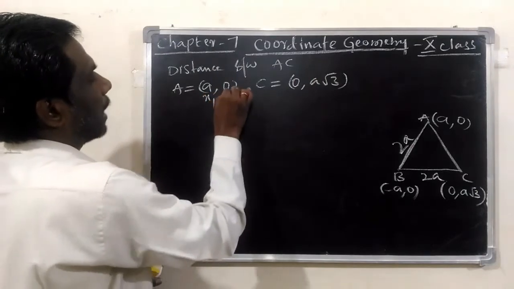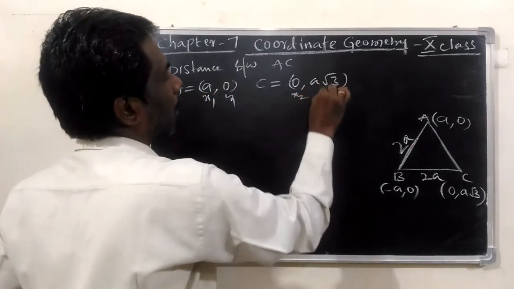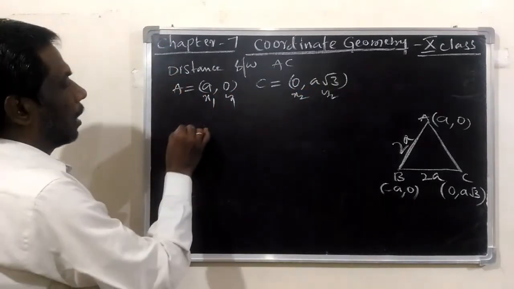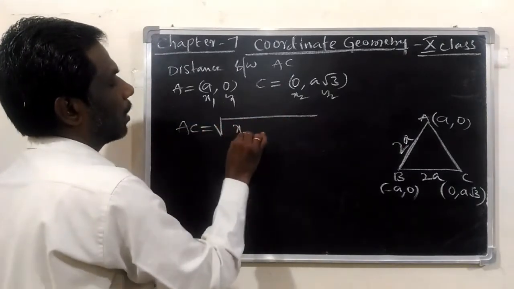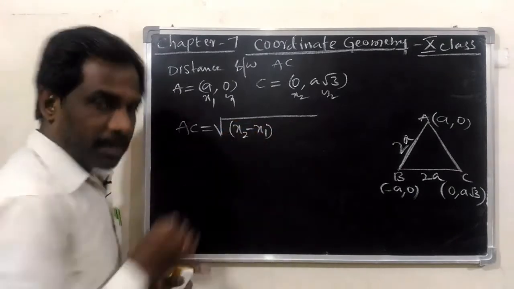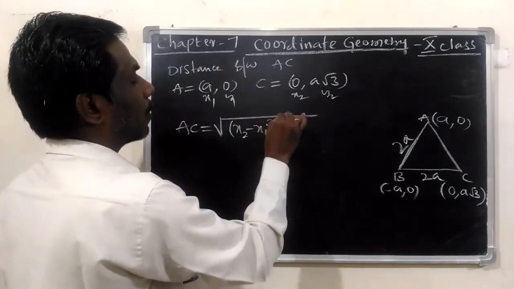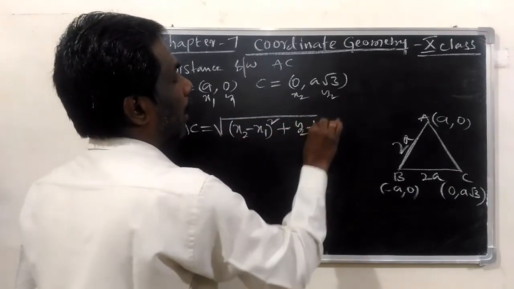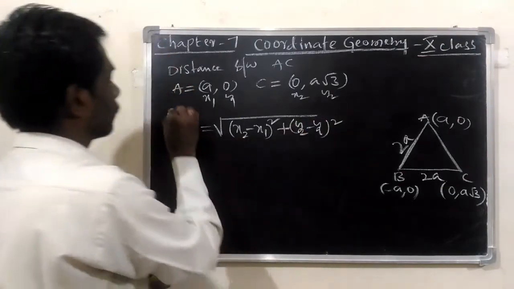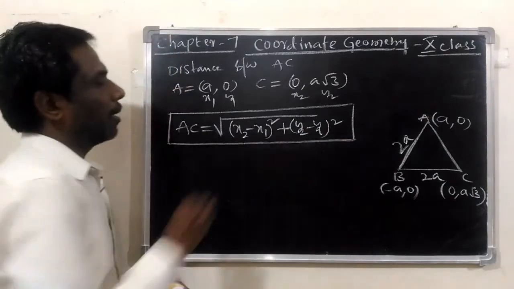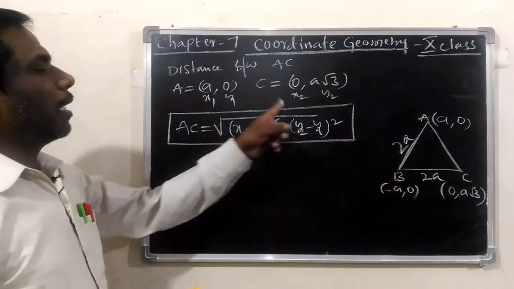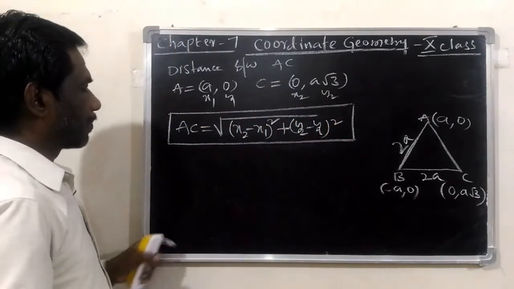Now assume this is (x1, y1) and this is (x2, y2). The AC distance formula is under root of (x2 minus x1) whole square plus (y2 minus y1) whole square. Make it a box like this, then substitute the x1, y1 and x2, y2 values in this formula.